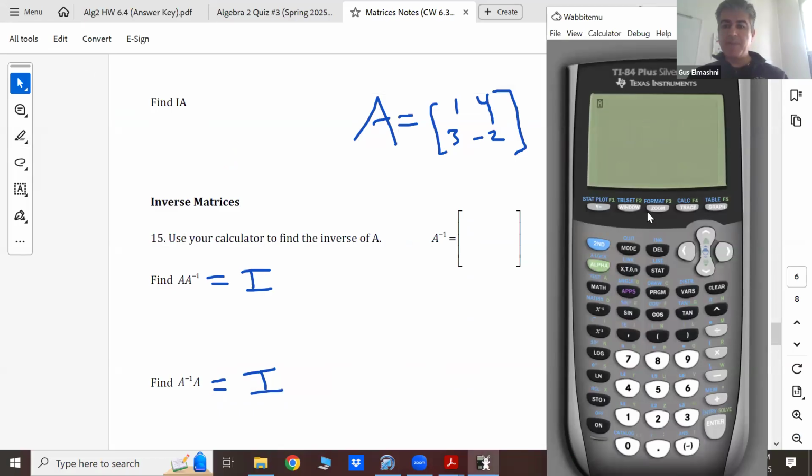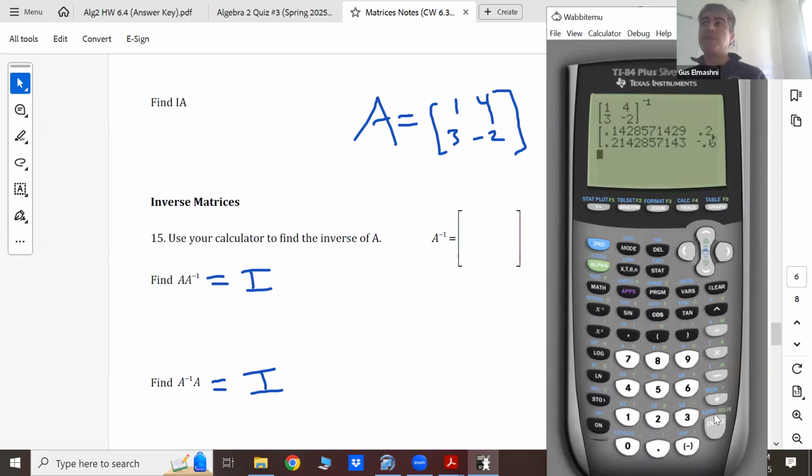Hit alpha, zoom. We're going to select 2 by 2 and punch in numbers. You guys know this by now, right? I'm glad I've started this process early, because trying to teach the calculator and this concept today might be a little much. Raise to -1. You get some weird stuff.